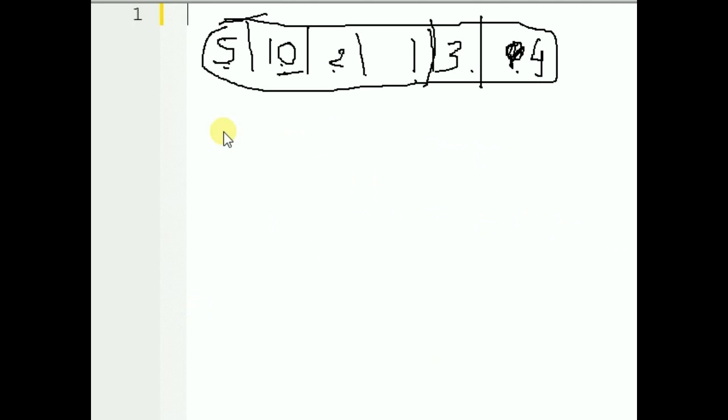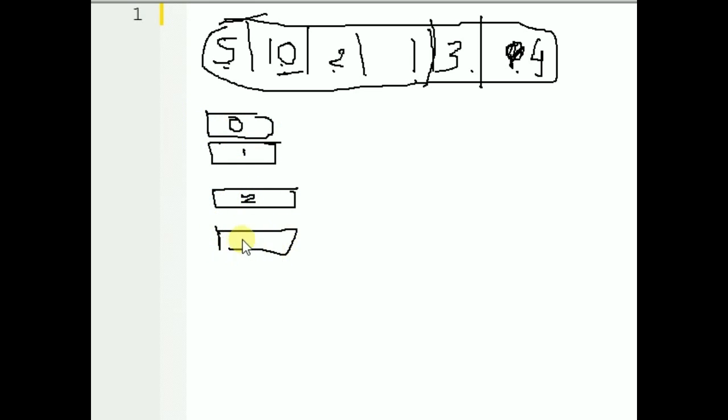Suppose the first one is, there's a linked list here. This is 0, then 1, then 2, then 3, all the way up to 9.